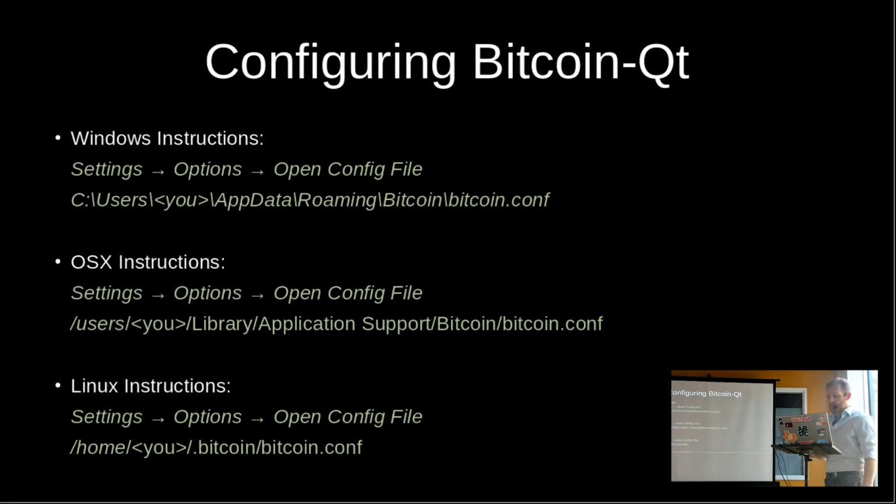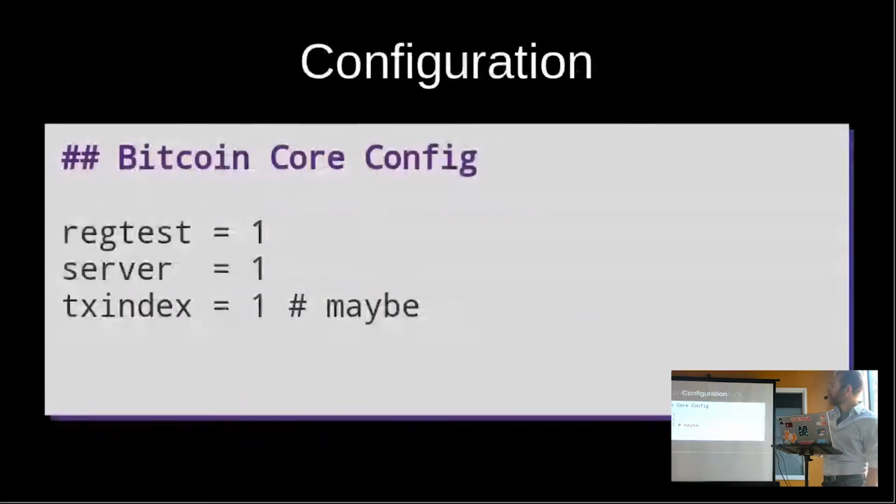If you are able to get your config file open, the next slide goes over what you need to put in that config file. We're going to do regtest equals 1. That will configure Bitcoin Core to launch on the regtest network, which will allow us to have our own blockchain that we can control.